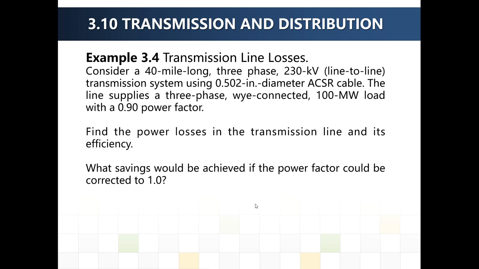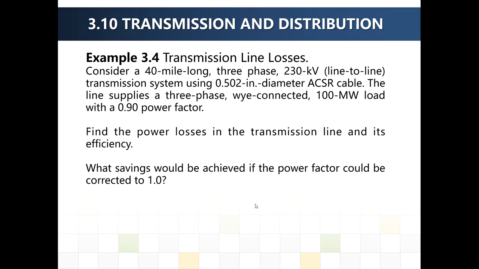Consider a 40-mile long three-phase 230 kilovolt, line-to-line voltage transmission system using a 0.502-inch diameter ACSR cable. The line supplies a three-phase, Y-connected 100 megawatt load with a 0.9 power factor.